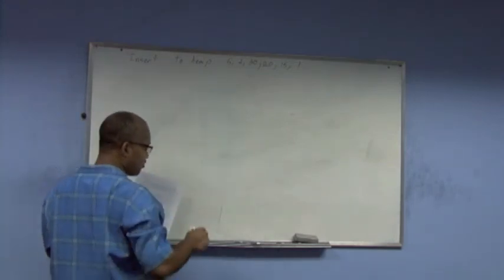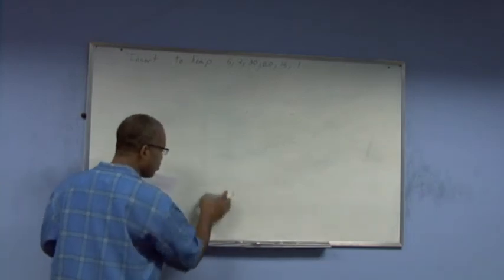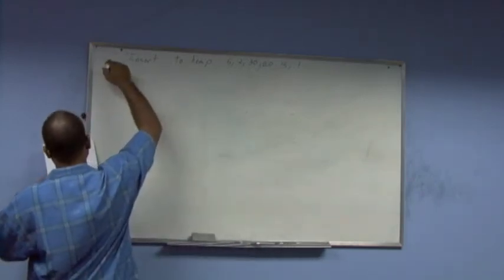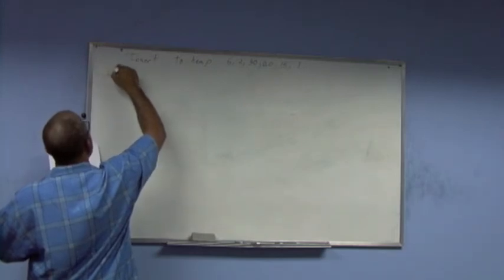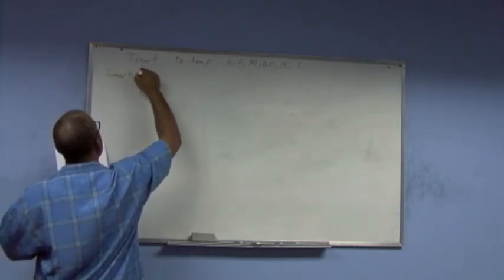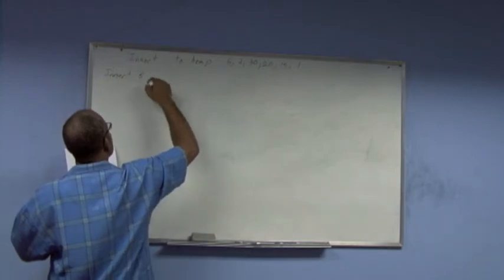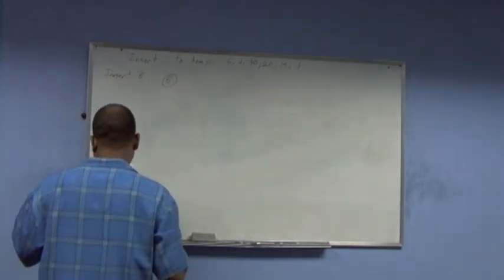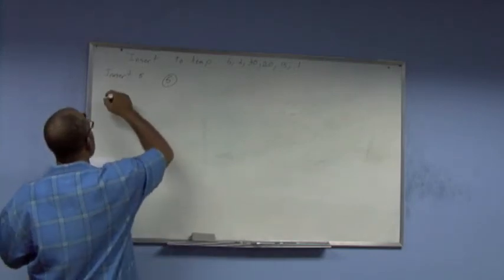And for these, I'm going to insist that we do each one step at a time and write out the whole thing. So we're going to insert 5. Of course, we end up with one node with 5. We're then going to insert 2.